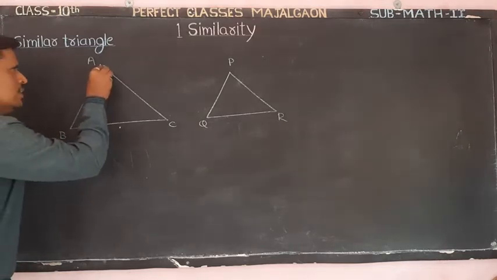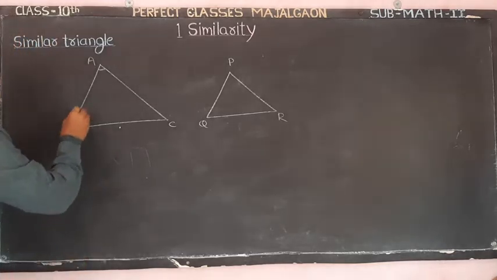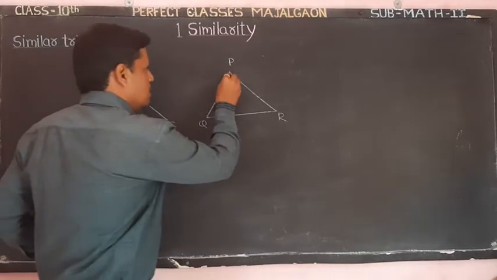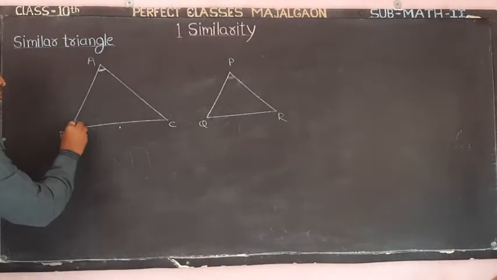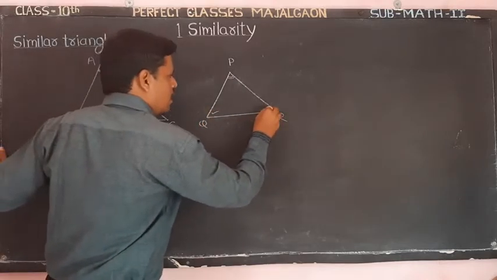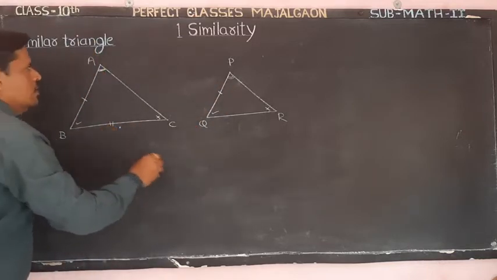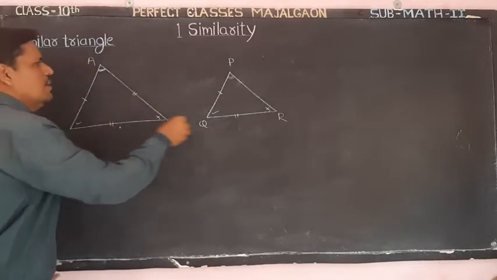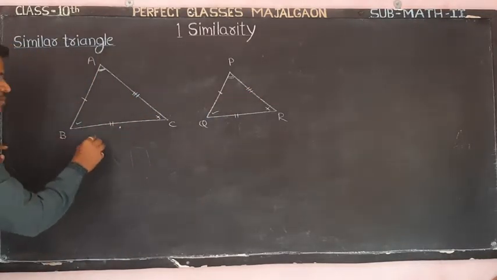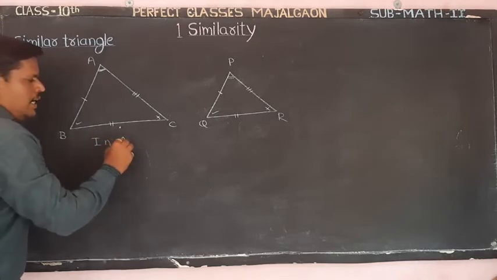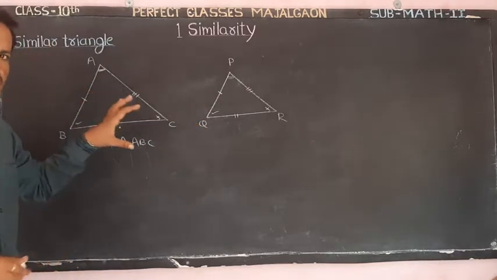There are 6 components, 3 vertices and 3 sides, in each triangle. If the angles of the first triangle are congruent to the angles of the second triangle and the corresponding sides are in proportion, then we can say that these two triangles are similar. In triangles ABC and PQR, the angles are congruent.